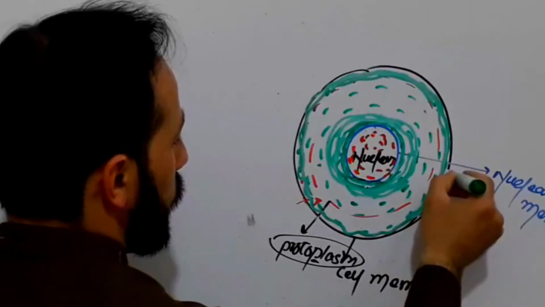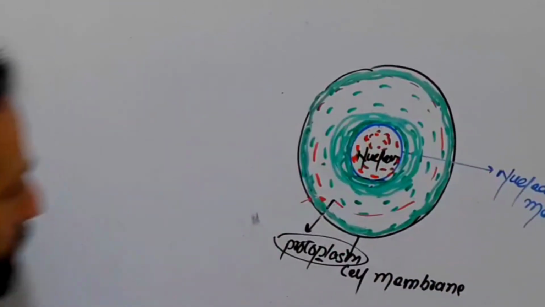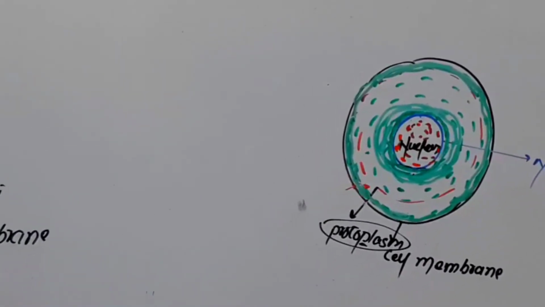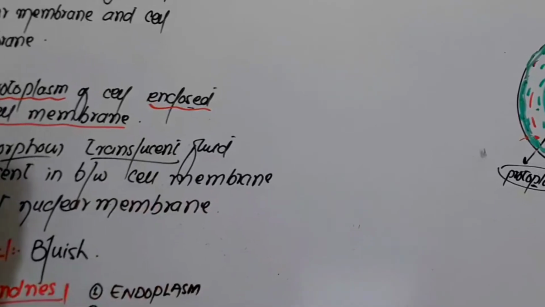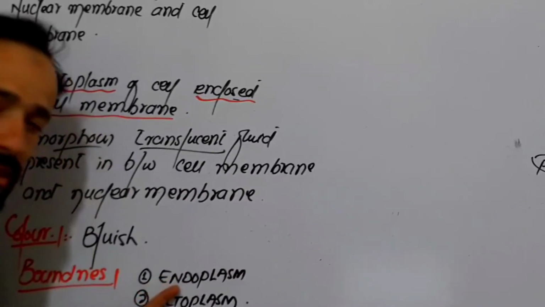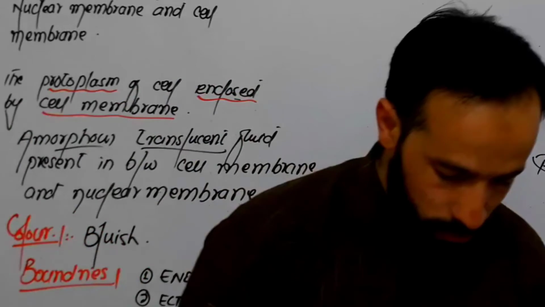Ecto means outside, outer, right? So it has two boundaries, the endoplasm and the ectoplasm. Later on we will see that there are a few differences between the endoplasm and ectoplasm. So the color is bluish, and the boundaries are endoplasm and ectoplasm.